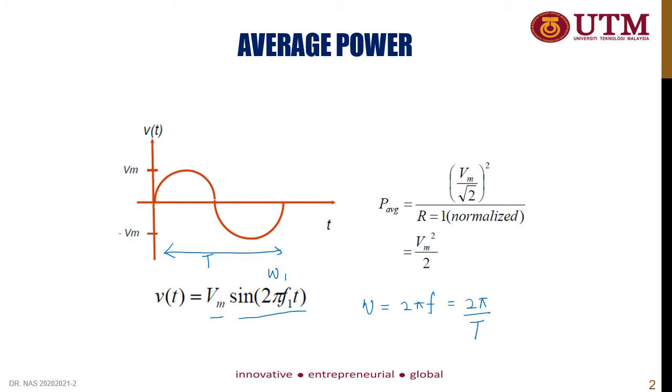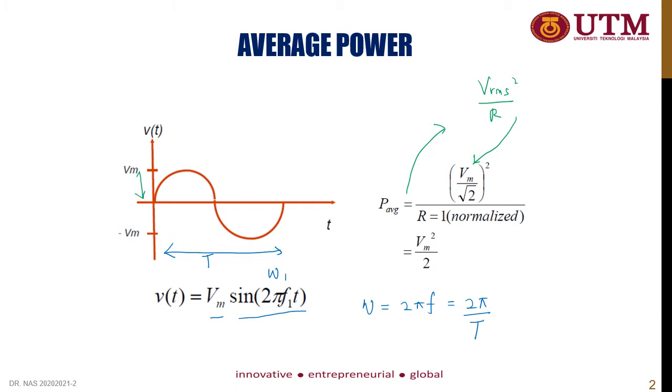dividing V RMS squared by R. So this is equal to V RMS squared divided by R. So what is V RMS? V RMS is equal to V maximum divided by root 2. V maximum is equivalent to V peak.